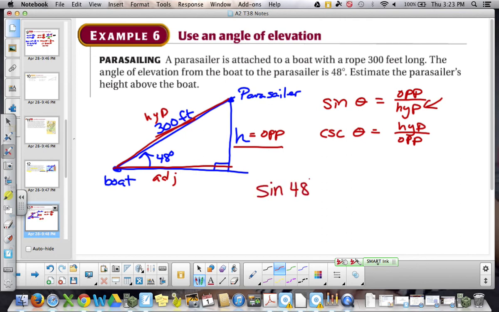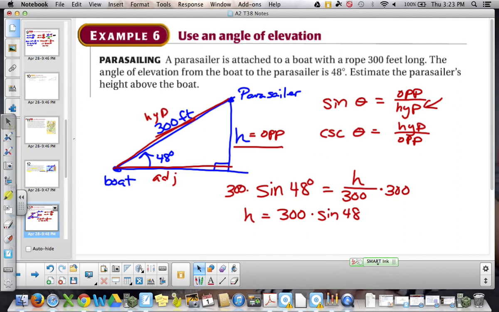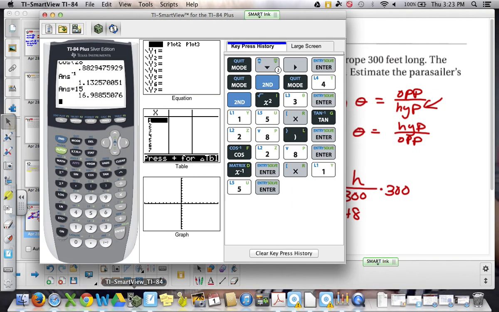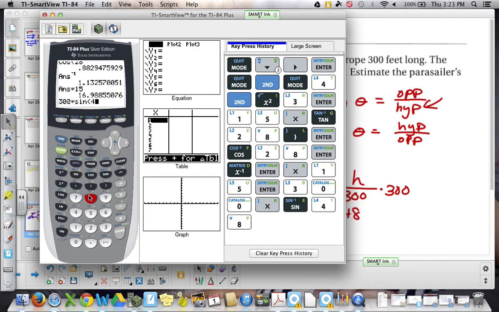Sine of 48 degrees equals the opposite, which is h, divided by the hypotenuse, which is 300. So multiply both sides of the equation by 300, and we get h equals 300 times the sine of 48. So I can just type that right in my calculator. 300 times sine 48, and we get about 223 feet.